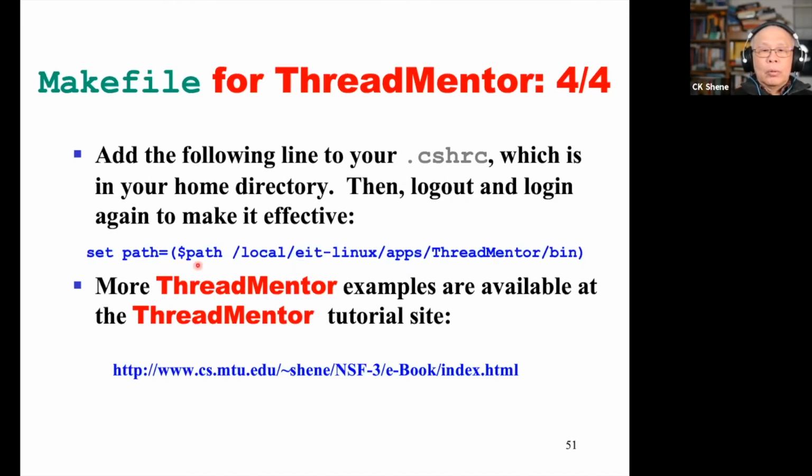So put the path environment variable name to the left of equal sign. To the right side is a pair of parentheses. The first one is $sign path. That is the current search path. It may not be one, it could be several, depending on how you set up your environment variable. Then you add this search path for ThreadMentor there.